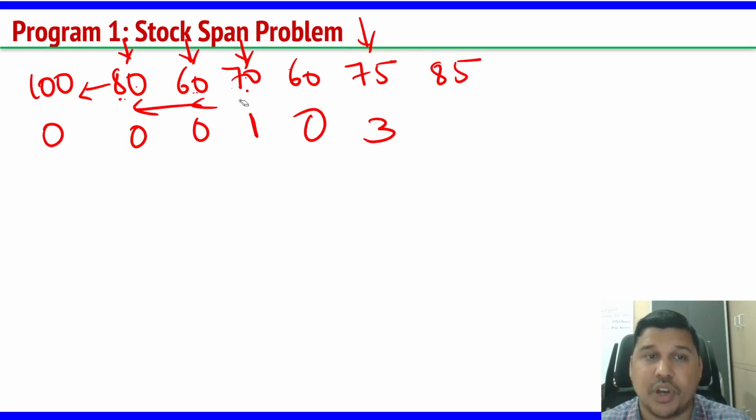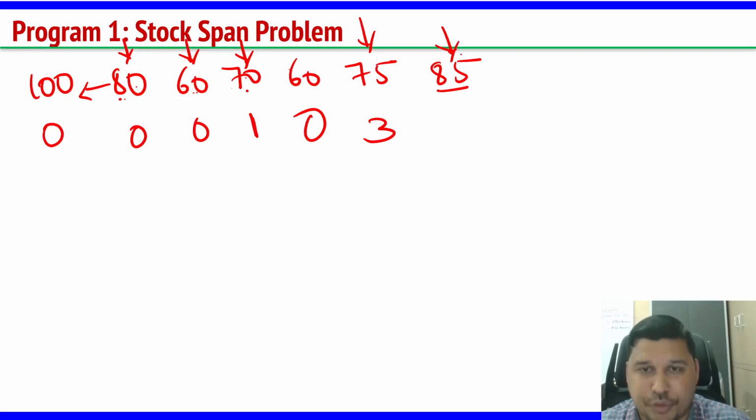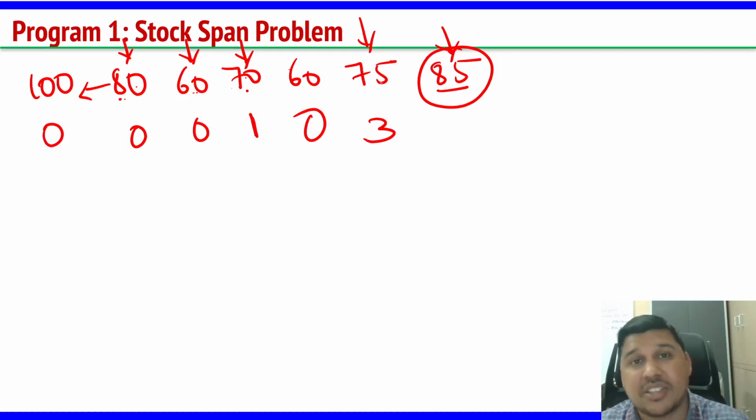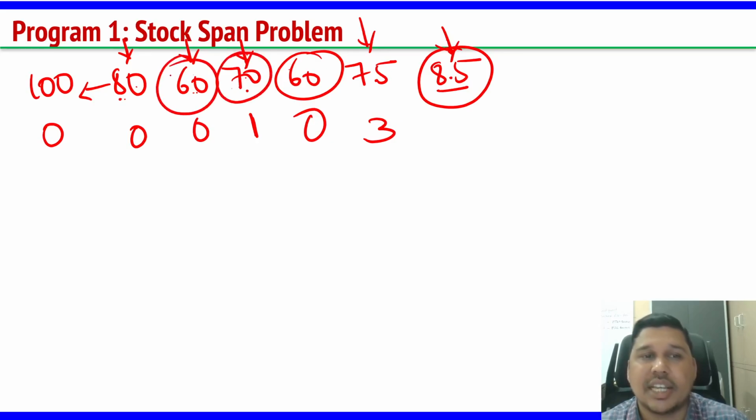Over. Next, we got the next number as 85. Last day, I want to sell the stock, with 1 week of data. Today, the stock value is 85. So check how many consecutive days the stock values of previous days were lesser than today's value 85. 75 is less than 85, 60 is less than 85, 70 is less than 85, 60 is less than 85, 80 is less than 85, 100 it failed.